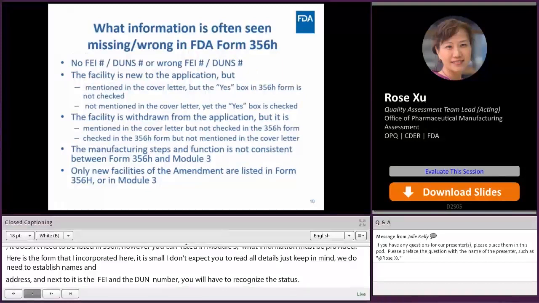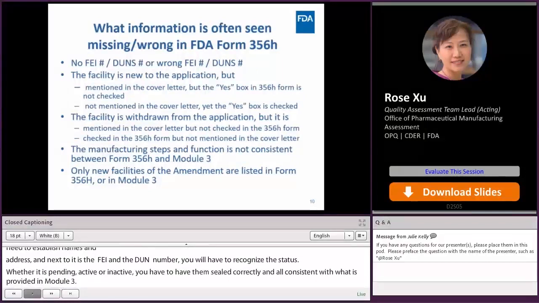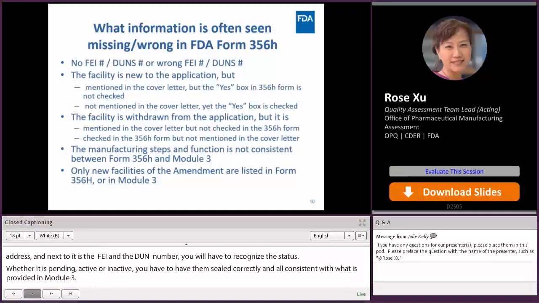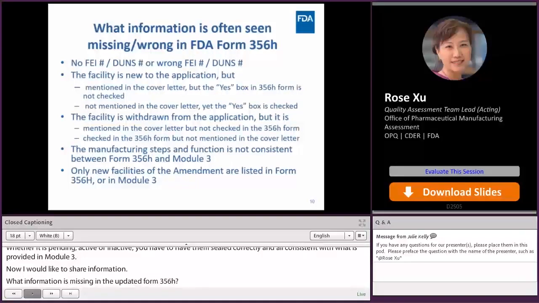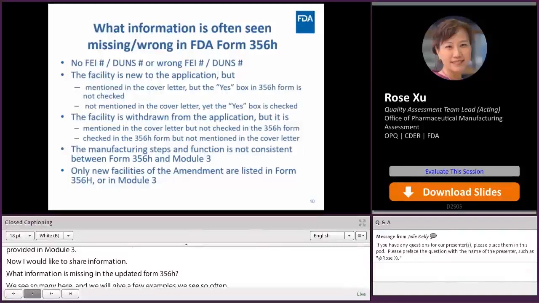So now I would like to share some information. What information is often seen missing or wrong in the FDA Form 356H? We see so many. Here I only give a few examples that we see so often. The first one is that no FEI number or DUNS number is provided in 356H.